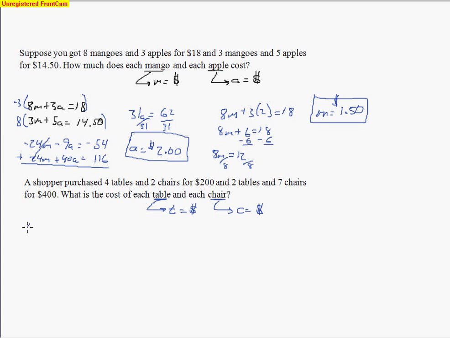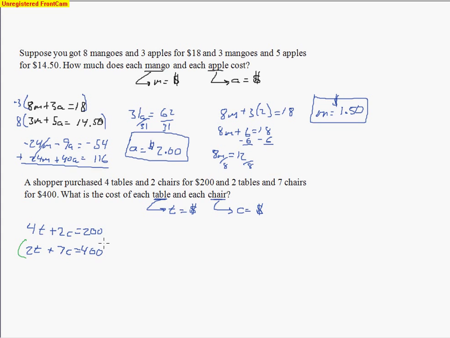So let's do 4T plus 2C equals 200. So 4 times the cost of the table, 2 times the cost of a chair is going to be $200. So 2T, 2 times the cost of the table, plus 7C, 7 times the cost of a chair, equals 400.